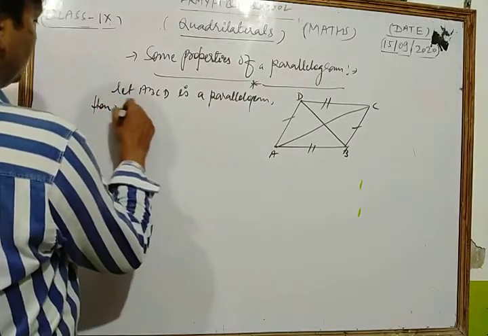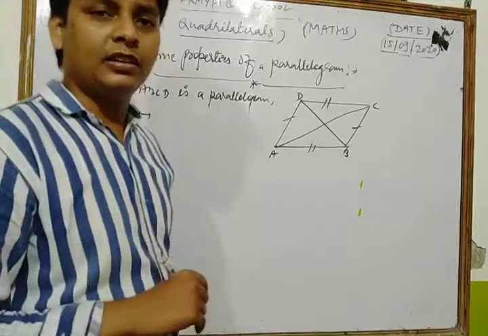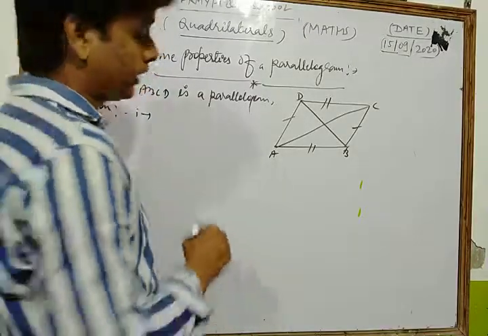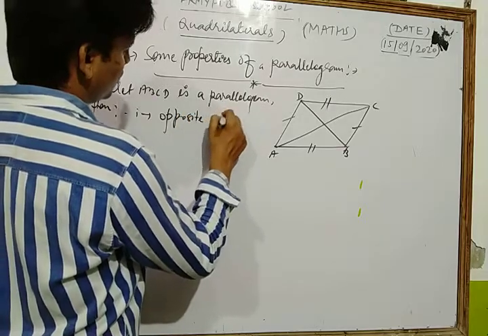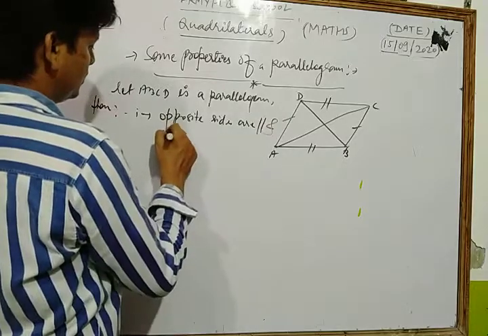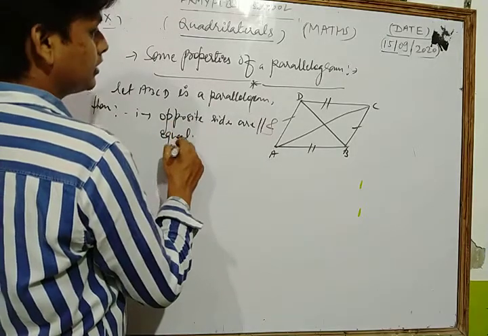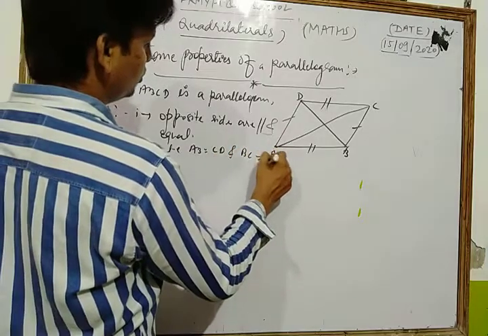Then first point, opposite sides are parallel and equal. That is, AB is equal to CD and BC is equal to DA.